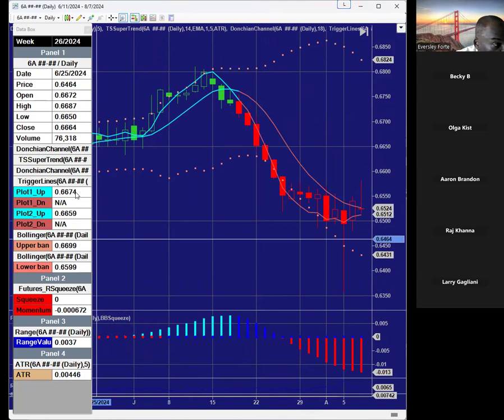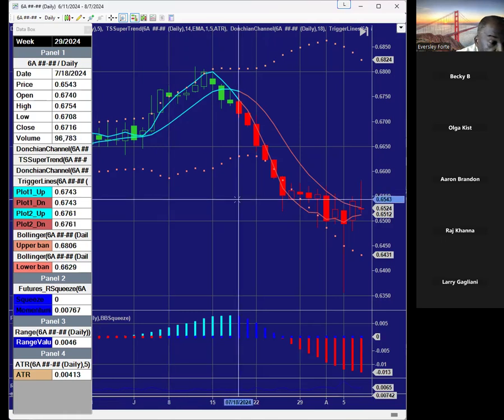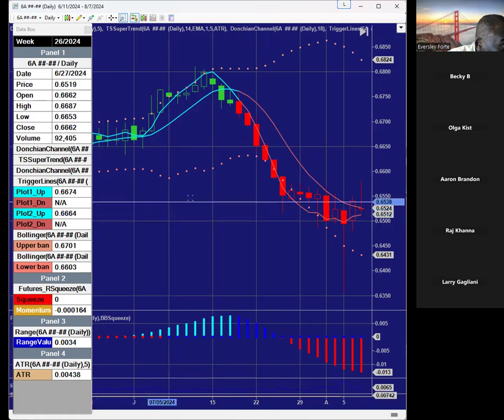For a full-size contract, 1 tick is $10. For a micro contract, 1 tick is $1. For our purposes here, to make the numbers a lot simpler, we'll assume a micro contract, so every tick move is $1.